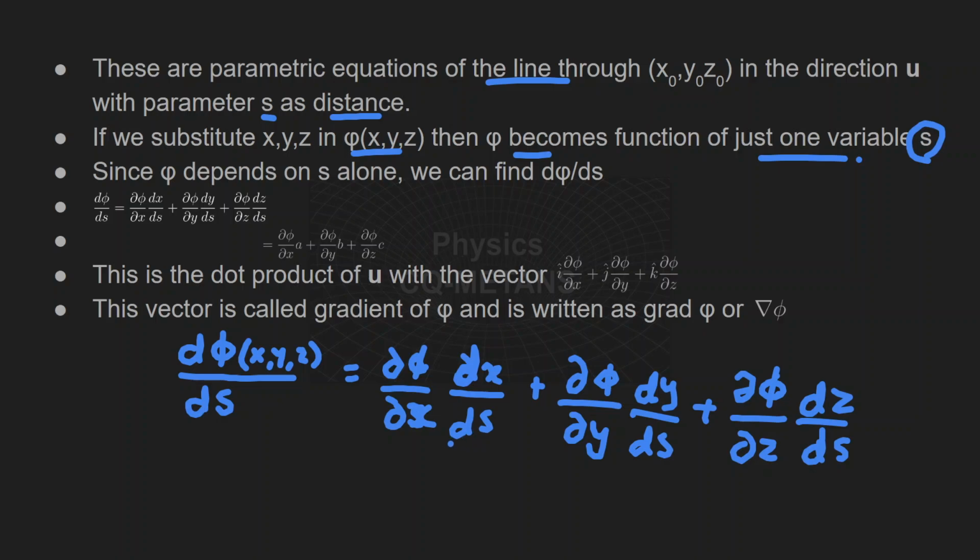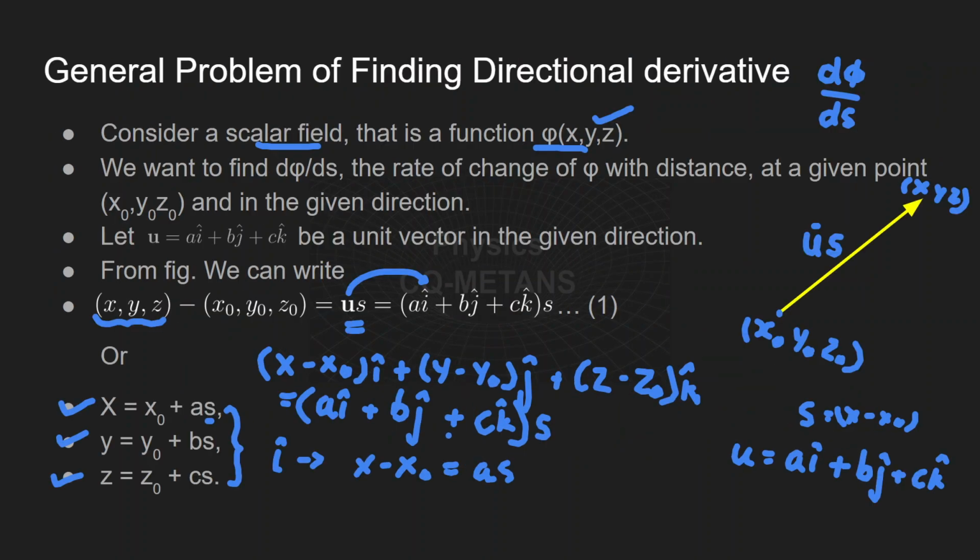But now this dx by ds, how can I write this? If I take this equation, x is equal to x naught plus as, and differentiate it, I will get dx by ds is equal to a.